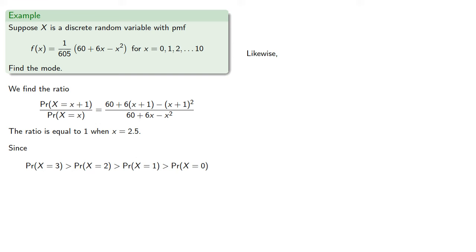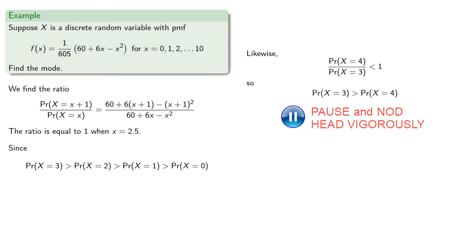Likewise, since 3 is greater than 2.5, the ratio of the probability that x equals 4 to the probability x equals 3 is now less than 1, which says that the probability x equals 3 is greater than the probability x equals 4.